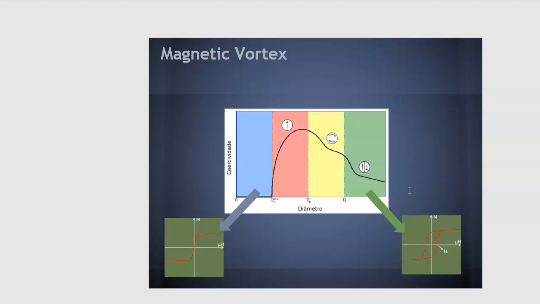So we have different regimes basically. We have the superparamagnetic regime below the single domain limit, then the blocked region, and the ferromagnetic region.